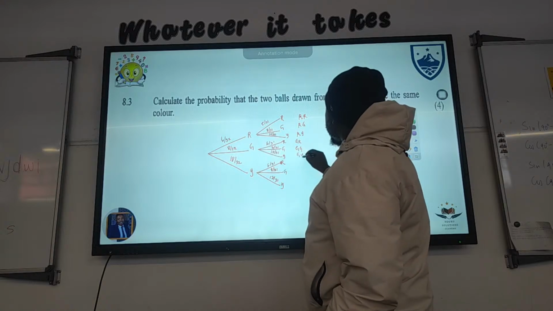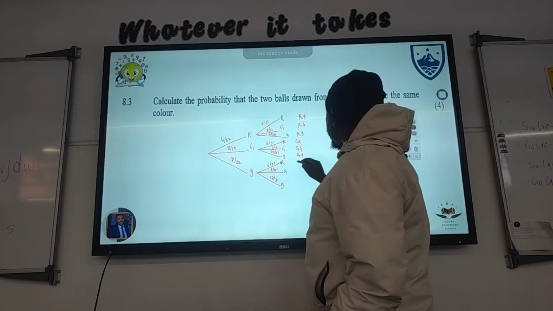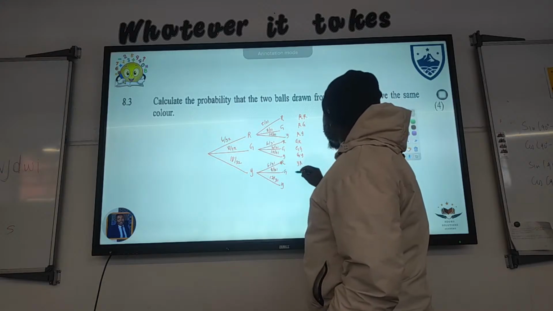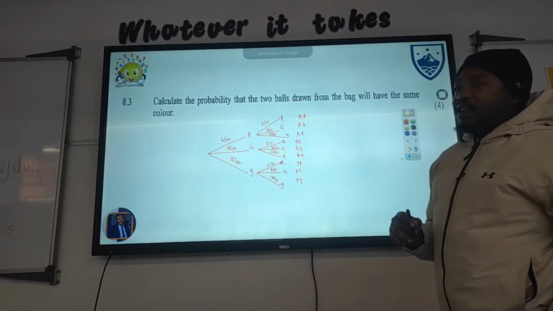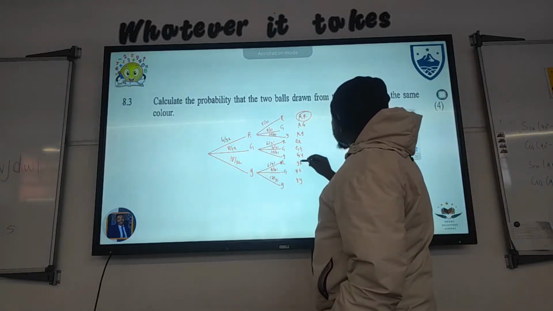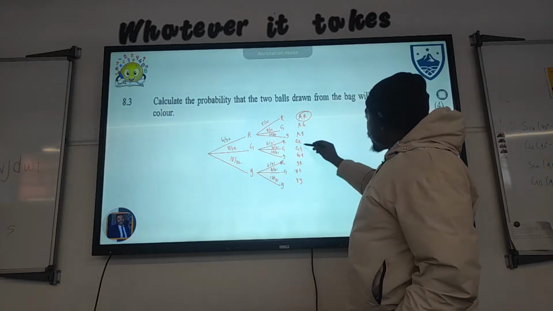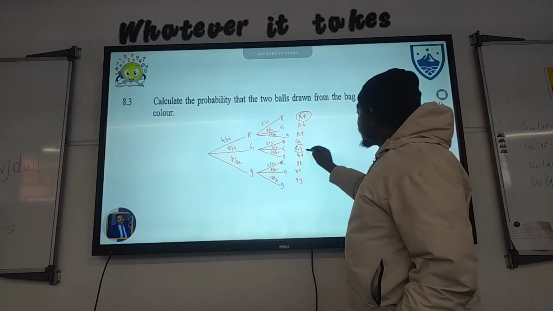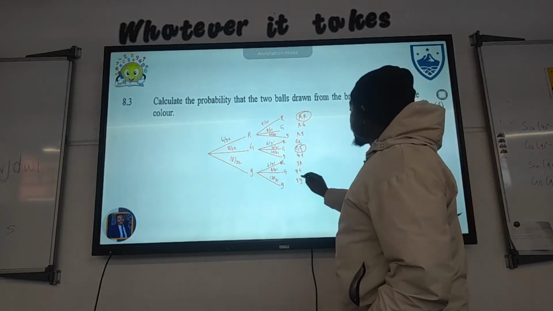This will be green and yellow. This will be yellow and red. This will be yellow and green. This will be yellow and yellow. So we look for the ones that have the same color. This branch, same color. And then from this branch we have green and green. And this branch we have yellow and yellow.